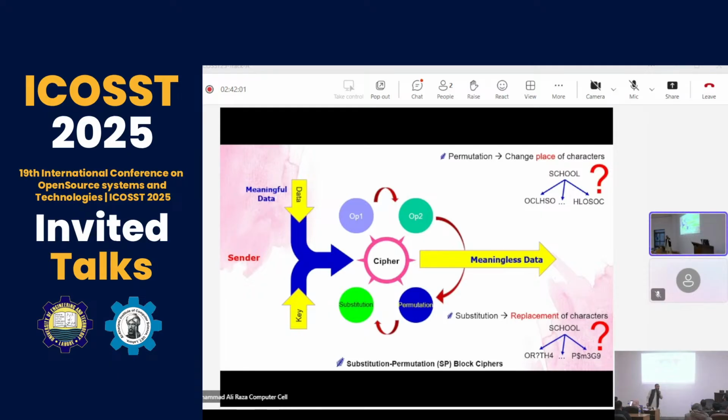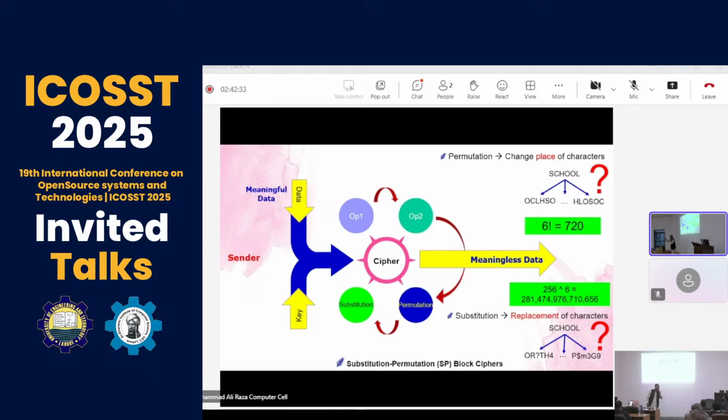Look at the number of possibilities he or she will have to try to get the original data. 6 factorial, 720 possibilities. This is what is called a brute force attack: each and every possible combination. And with substitution, we have school and we have replaced it.